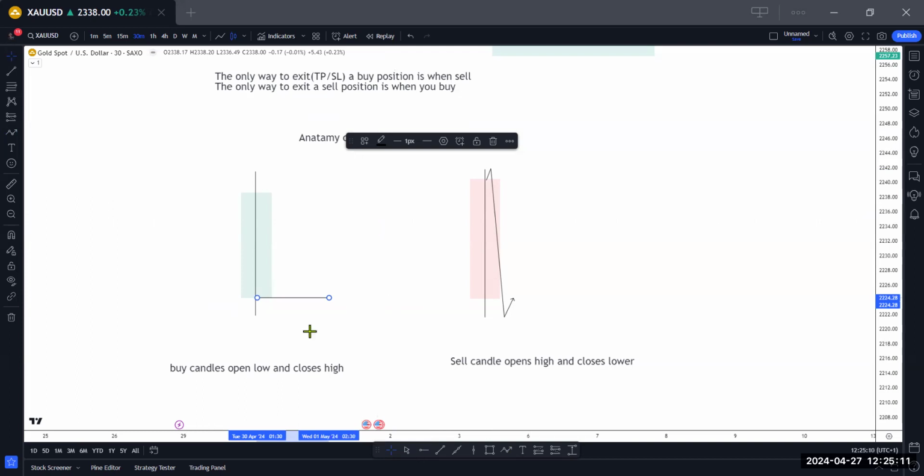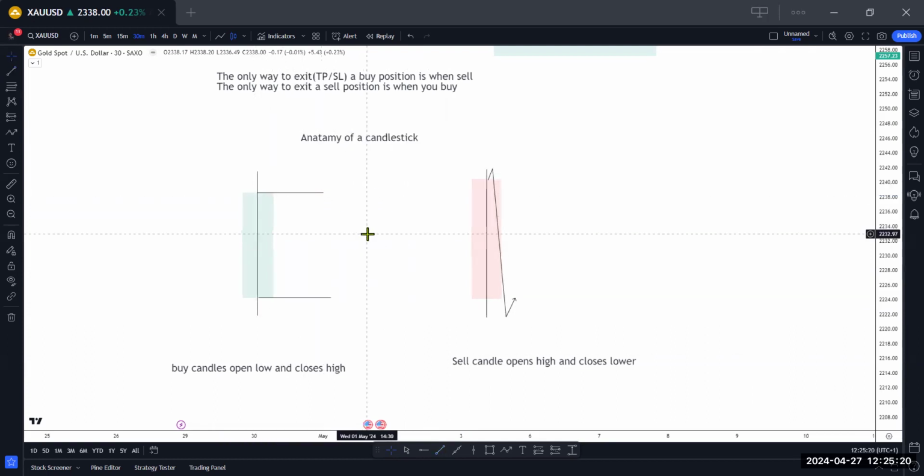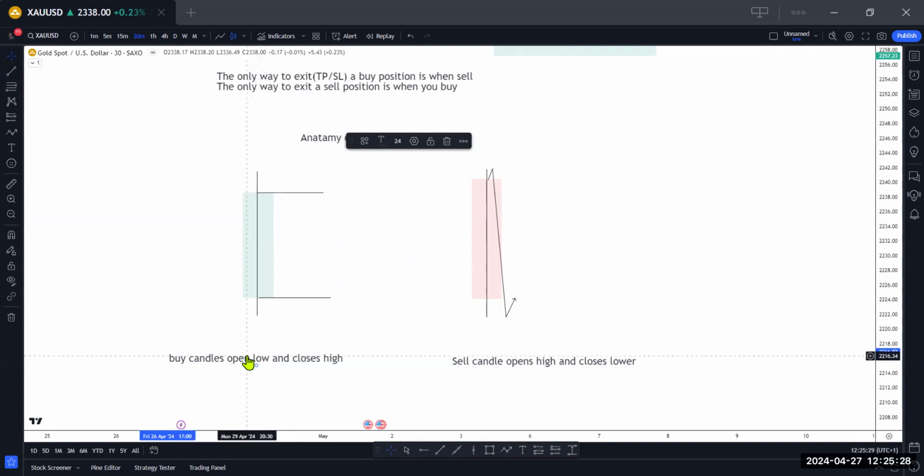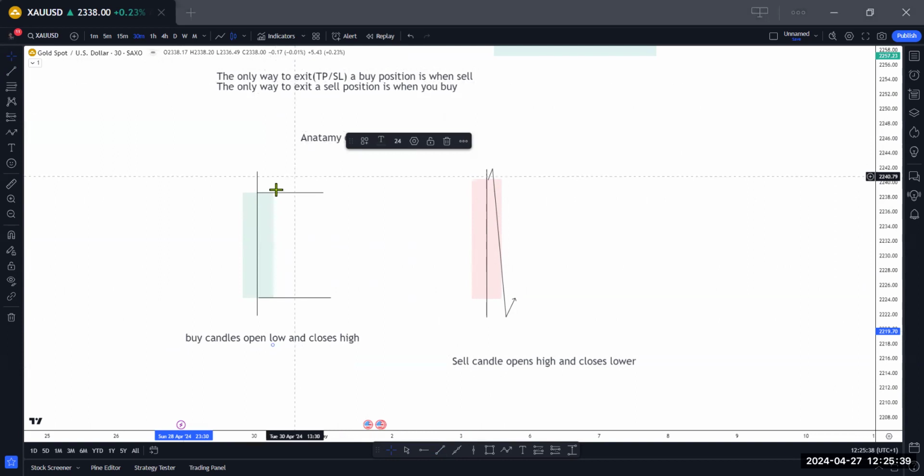So you can use your mic now, right? All right. So at the open of a buy candle, we have support. Okay, very good. At the close of a buy candle, what do we have? Support or resistance? You can use your mic, please.